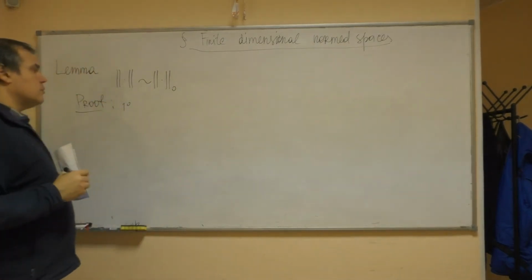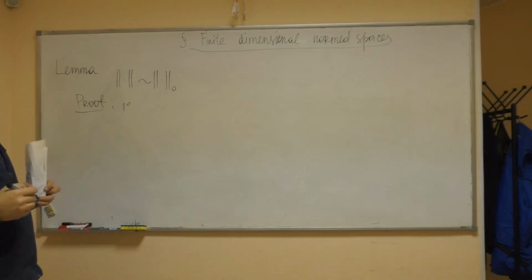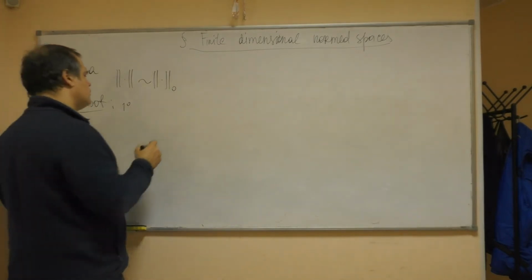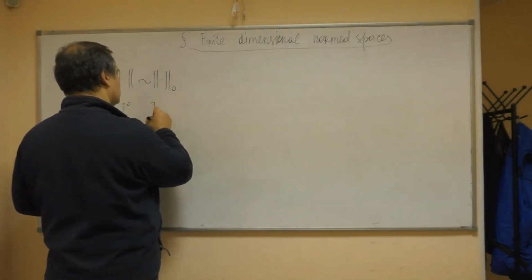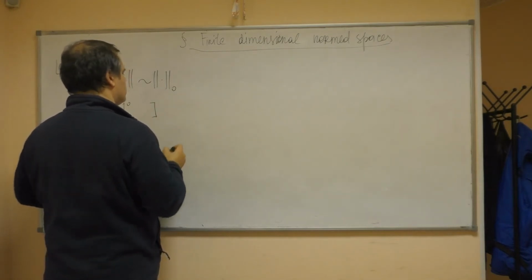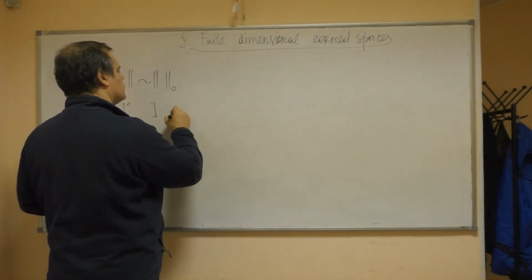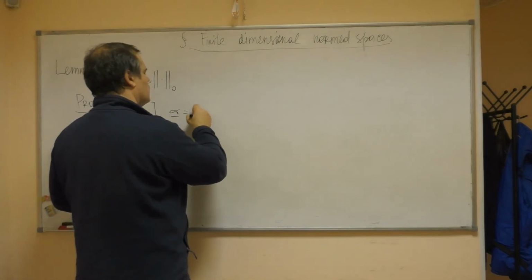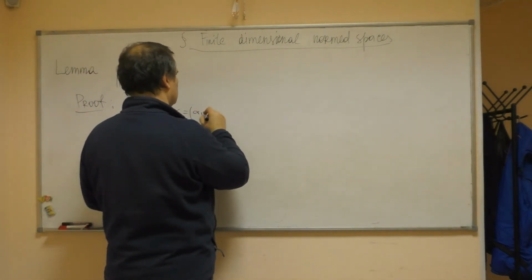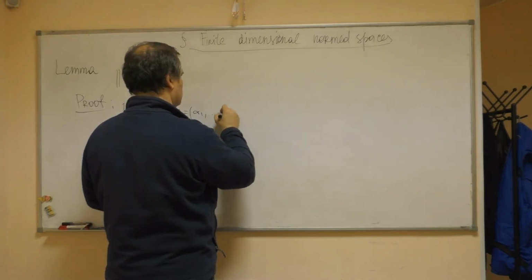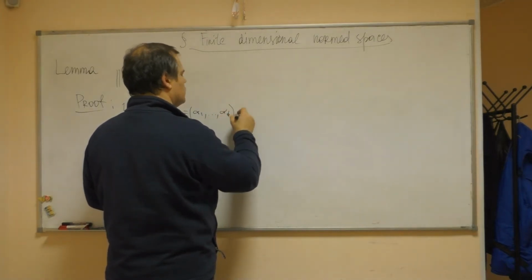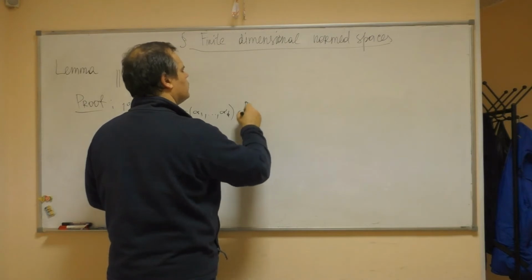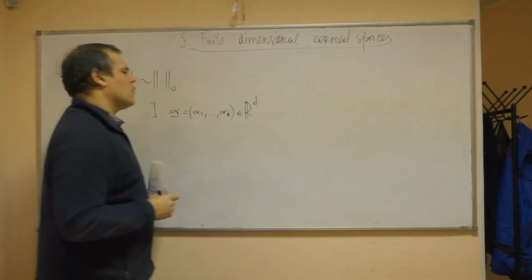We will use several steps. Let's consider vector alpha, d-dimensional, as an element of Rd.